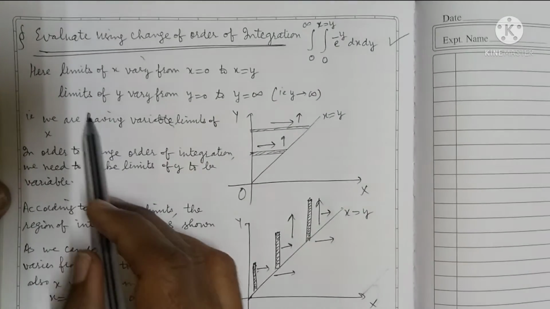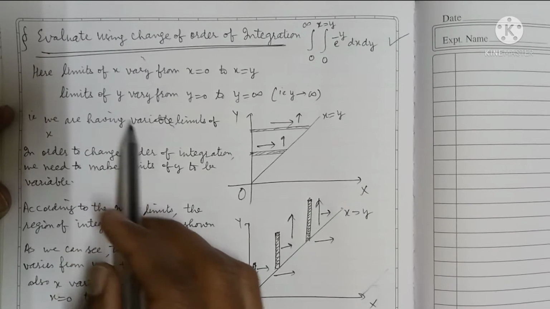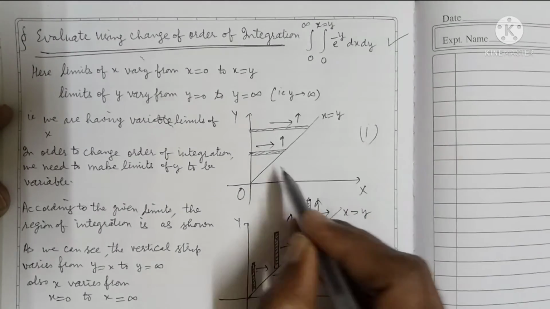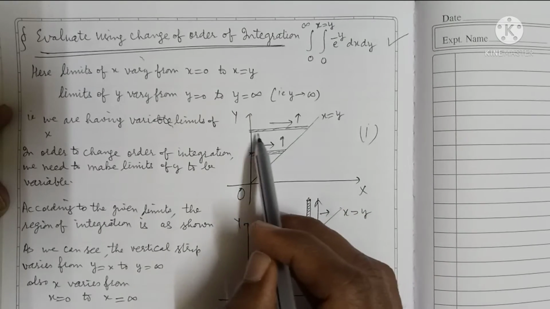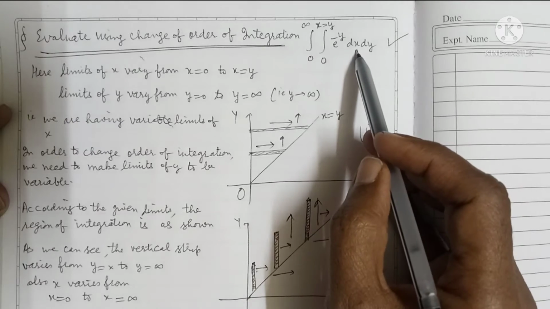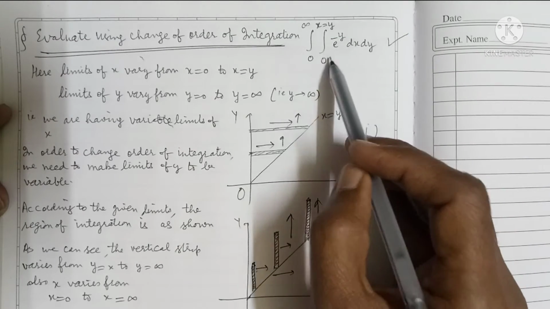So what we do? First we plot the region of integration. This is figure 1. You can see we have plotted a strip parallel to the x-axis. Why? Because in the given integral we were given limits of x as variable limits.